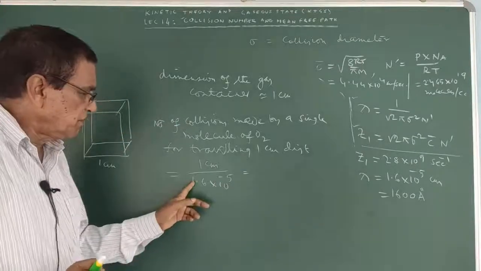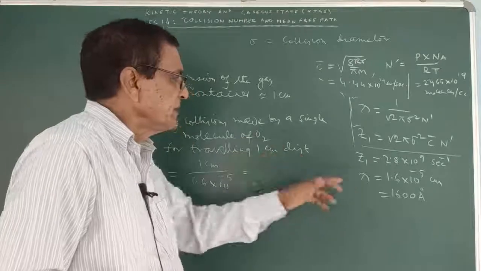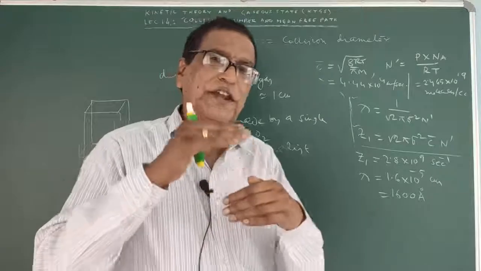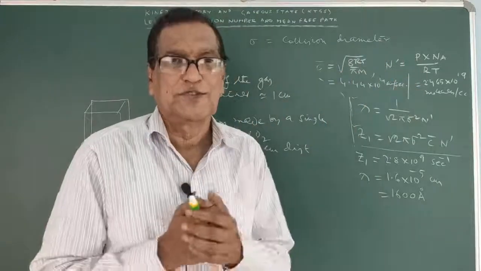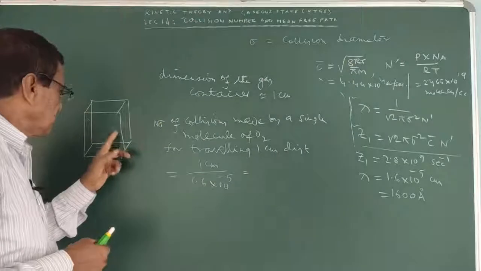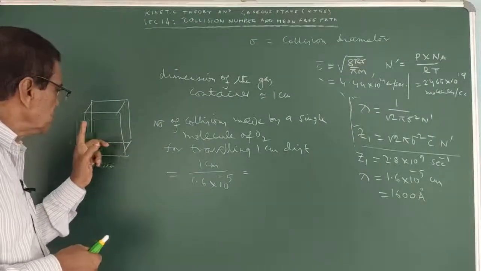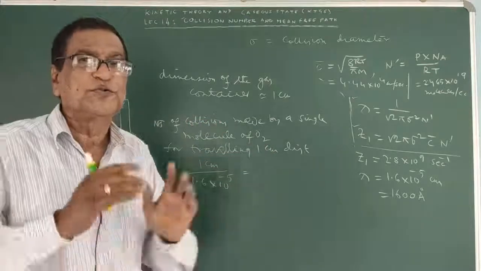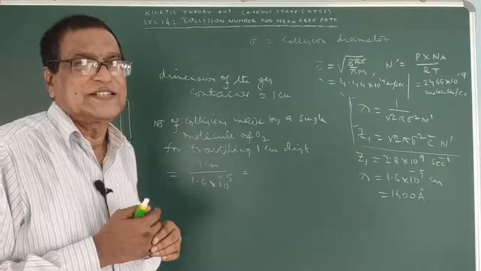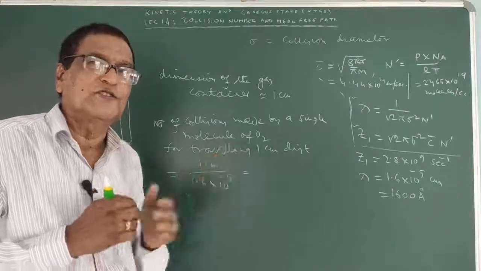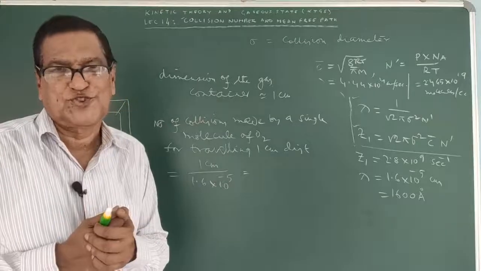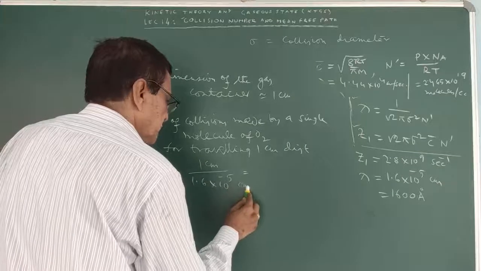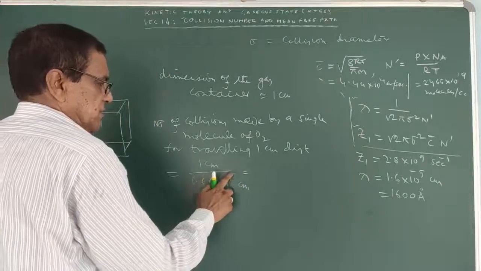That means 1.6 into 10 to the power minus 5 centimeter is the distance traveled by the molecule to get its next collision with other molecules. So from here to here is 1 centimeter.